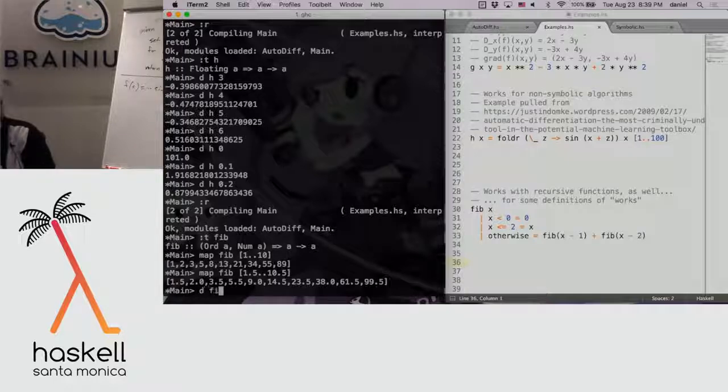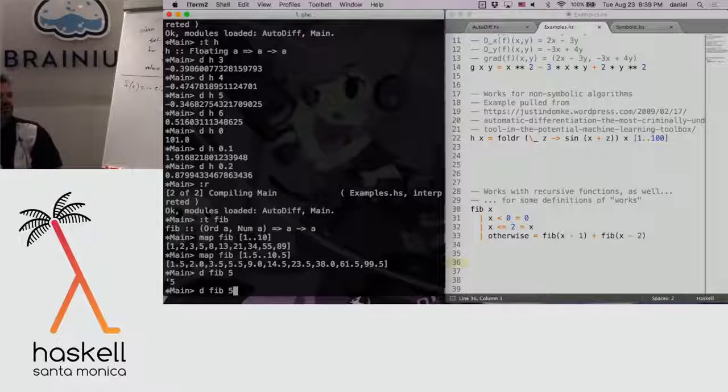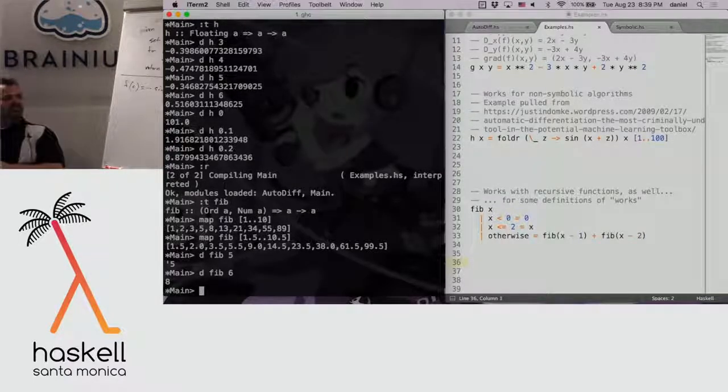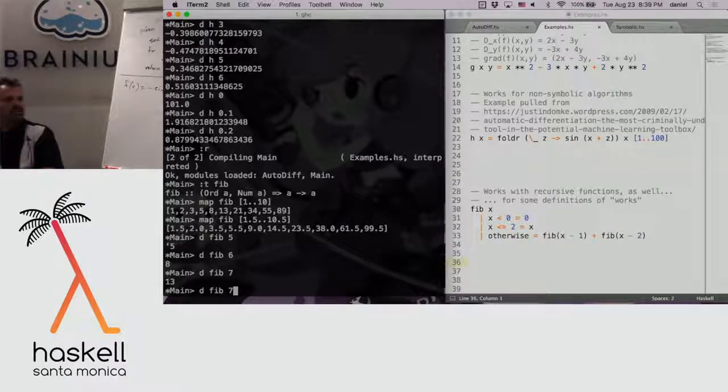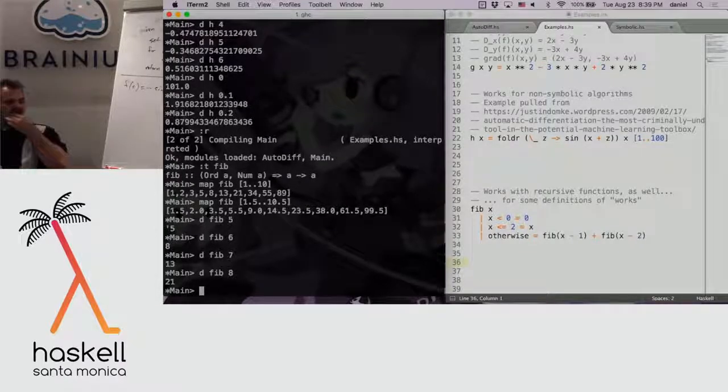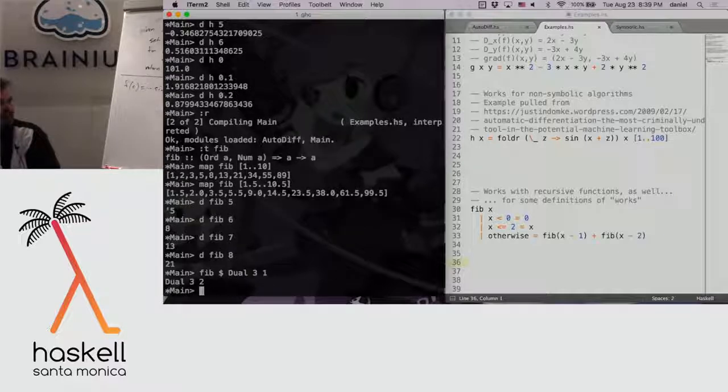So let's look at derivative of fib at 5. And the number we get is 5. Does that one also obey the Fibonacci recurrence relation? That's a good question. Let's look at 6. We get 8. We plug in 7. We get 13. We plug in 8. We get 21. Let's actually plug duals into here. Fib of dual 3, 1.